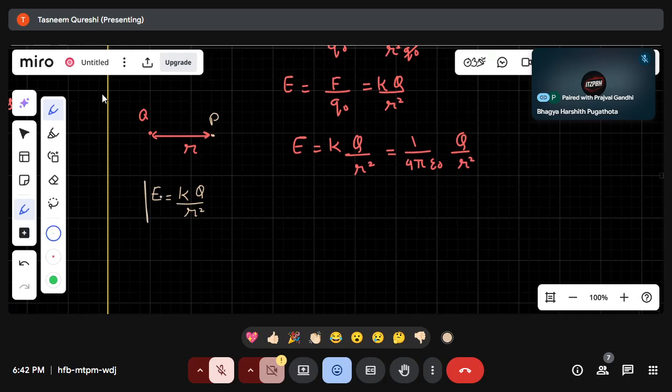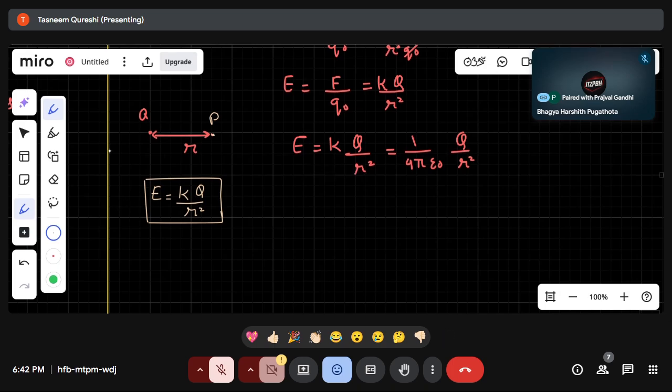This is going to be my electric field at this point. If the distance changes, the value of the electric field will change. Easy. You want to find the electric field of this charge, here, r distance away. So it is going to be k times the charge's value divided by distance square.